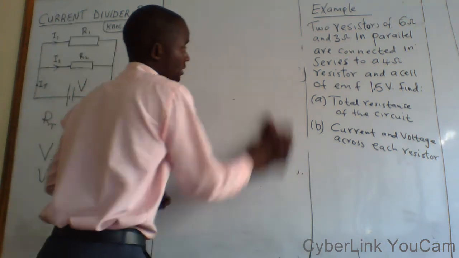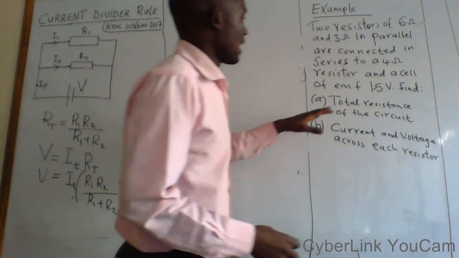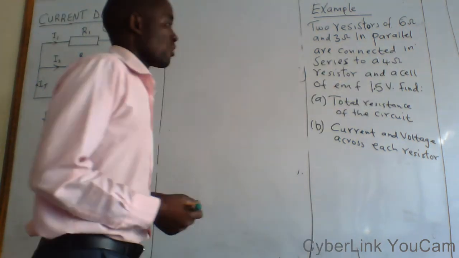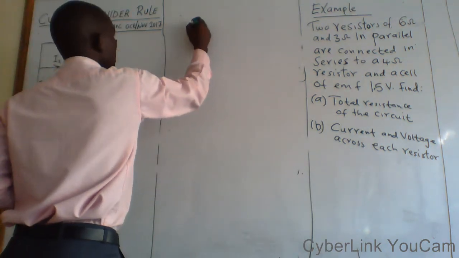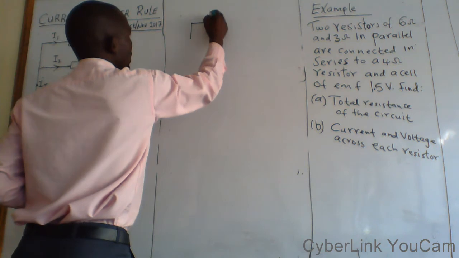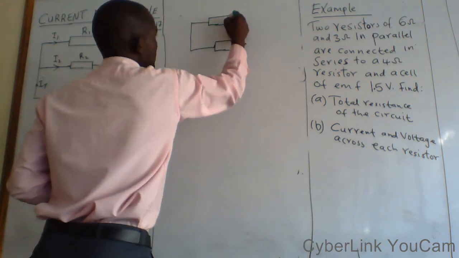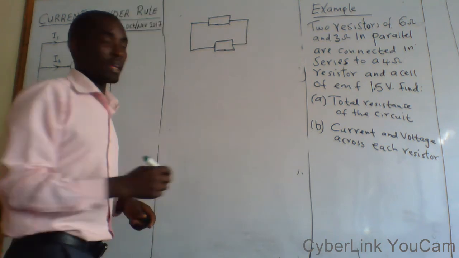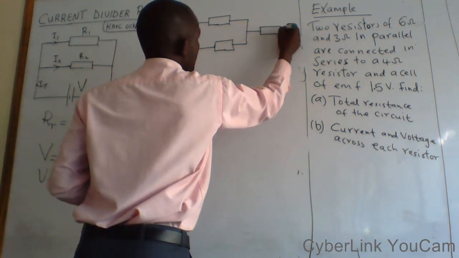Later on, they are connected in series to a 4 ohm resistor and a cell of 1.5 volts. Find the total resistance. So that means you have been told two resistors are connected in parallel, and then they are connected in series.